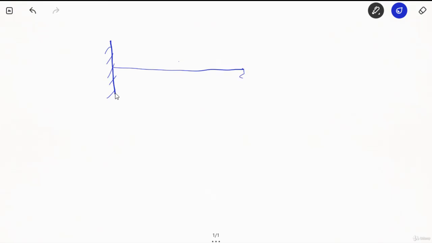Suppose a spring is attached right here, and here is a mass m, right? The spring has a stiffness of k, the beam has a length of L, and the flexure rigidity of this beam is given by EI.